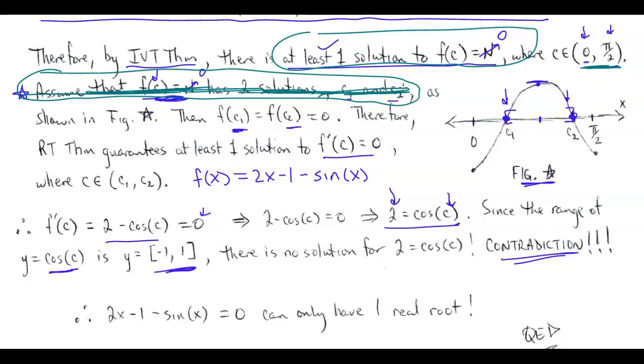What that tells me is that by default, I can only have one solution. Hence, I only have one real root to this particular equation here. Or put another way, my function is only going to have one x-intercept, okay, for any value of x that I'm choosing here, okay.